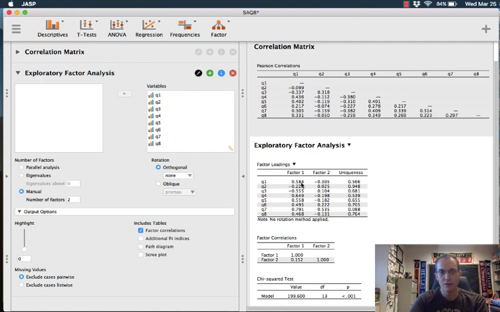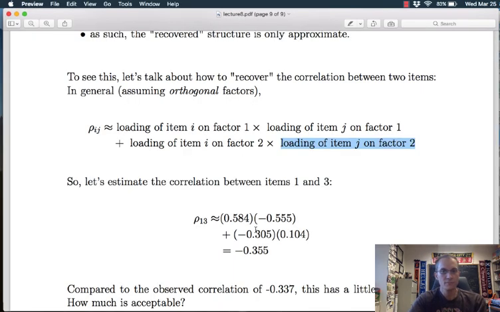So I'm going to multiply 0.584 and negative 0.555. And then I'm going to add to that what I get by taking the same items but on factor 2. So I'll take negative 0.305 for item 1 and 0.104 for item 3. So I'm going to take 0.584 times negative 0.555 and then add negative 0.305 times 0.104. And that's what I've got here. And if I do that, I get a correlation of negative 0.355. Well, how did we do?